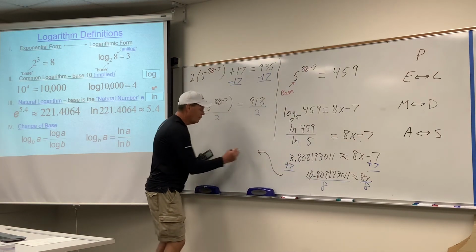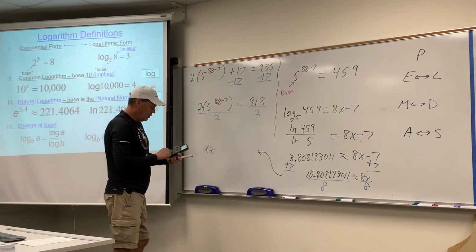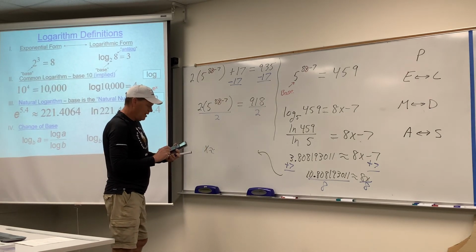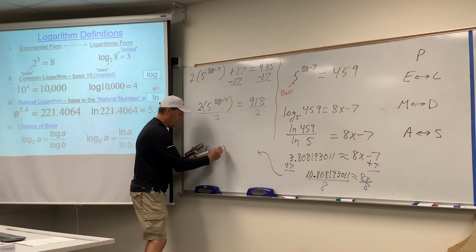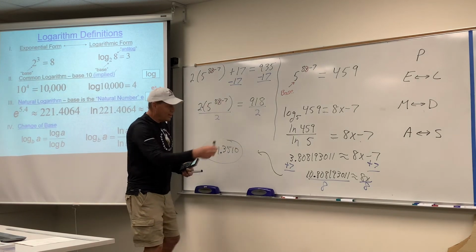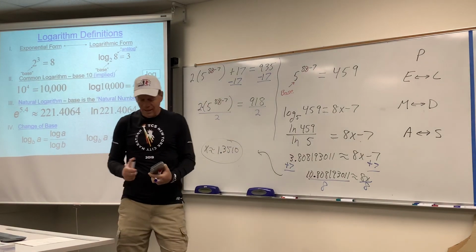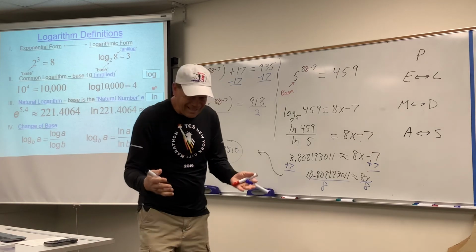So bringing this over here, it looks to me like the final answer would be, add that over, divide out the 8, and we're looking at 1.3510. Again, I hope the process made sense, and if I make any silly mistakes, you're not here to point them out to me.